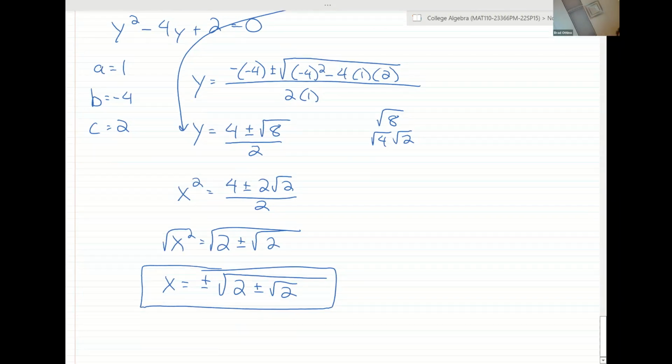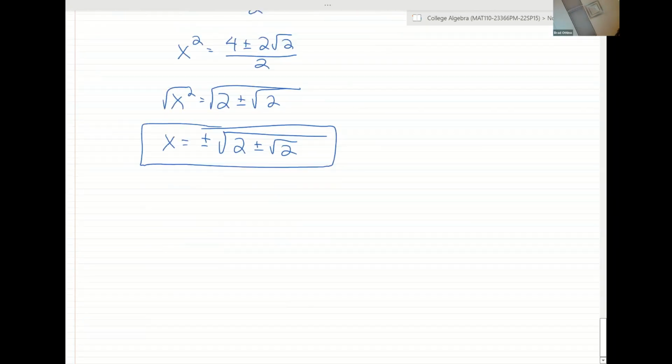A couple more problems to finish up tonight. What if we had 5 times x plus 3 squared plus 9 times x plus 3 minus 2 is equal to 0?